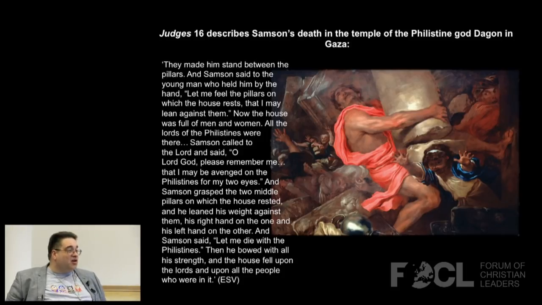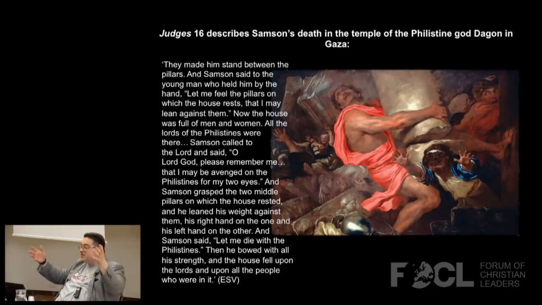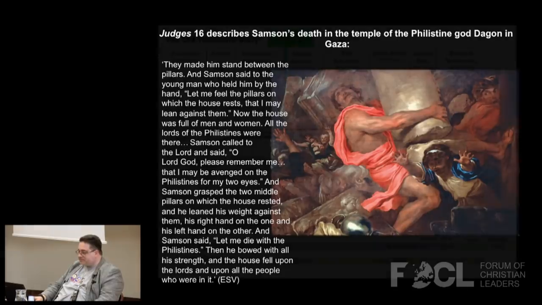But it shows from the archaeology that the design of the temple that's described in the Judges story matches with the known archaeological record, that the architecture of these Philistine temples could and indeed did include having pillars close together that held the roof up. So it's not a stretch to imagine Samson chained between two pillars in this other temple in such a way that he could have pushed them over, pulled them over, whatever.